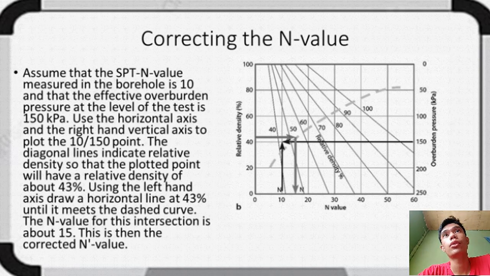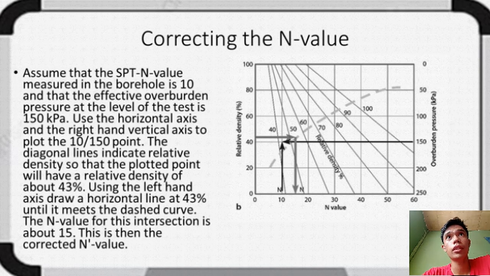So since it is 43, we draw a horizontal line at 43 until it meets the dashed curve, until it intersects the dashed curved line inside the graph.